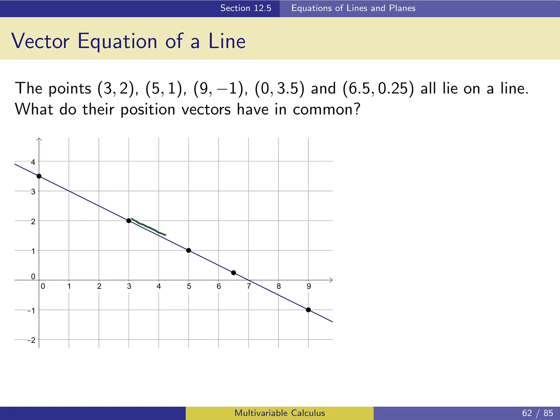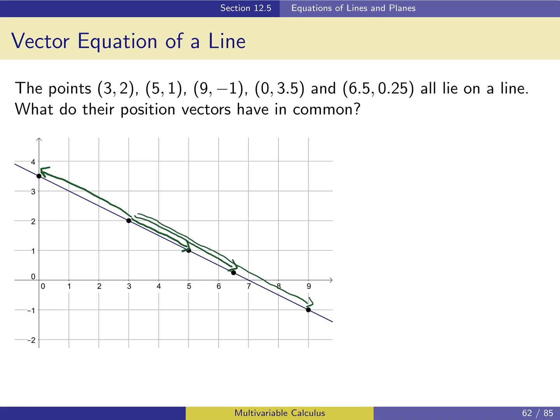For instance, we could travel to the point (5, 1), or to the point (6.5, 0.25), or to the point (9, -1), or we could travel back to the point (0, 3.5).